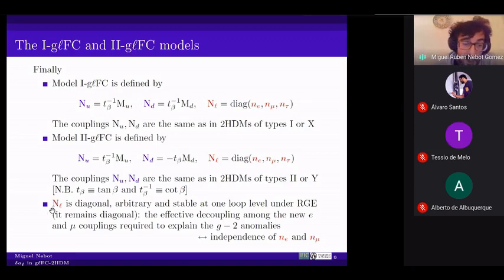So the thing is that with this matrix, diagonal, arbitrary, and stable at one loop level in the renormalization group evolution, the couplings of the electron and the muon are parametrically independent just by construction. And that is the kind of effective decoupling that I was mentioning before, that we will at least need to try to explain those anomalies. So this is the basic ingredient for the game.